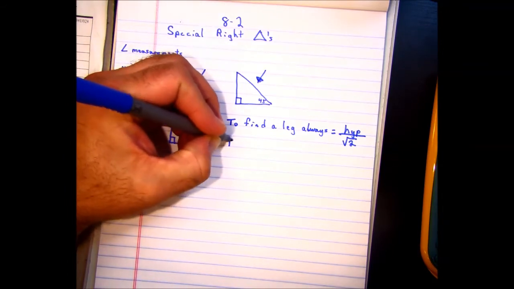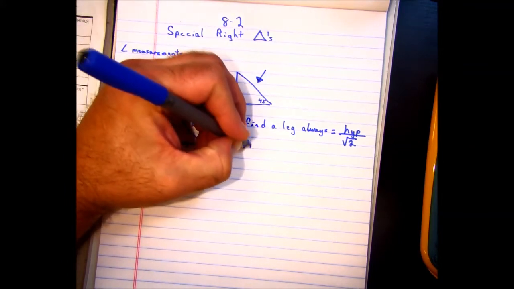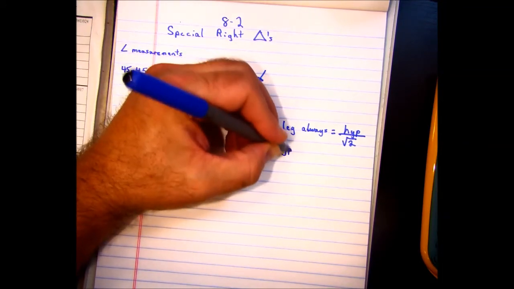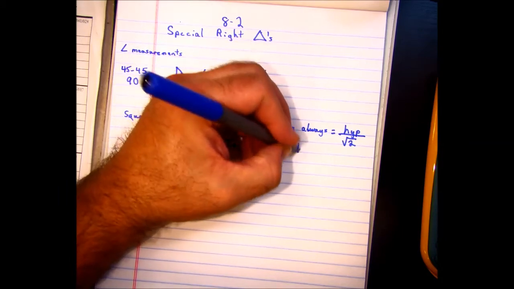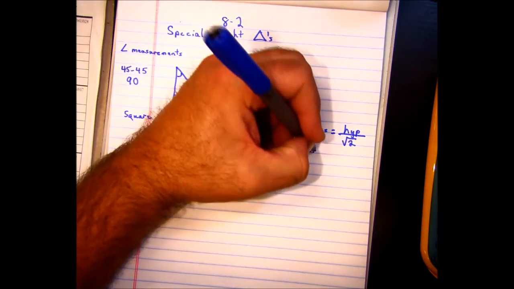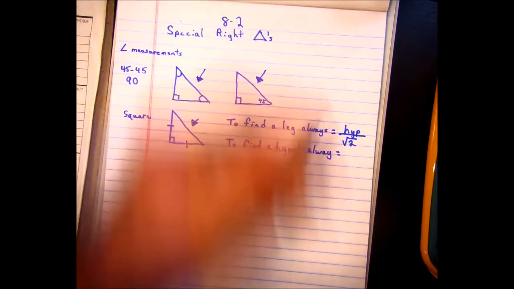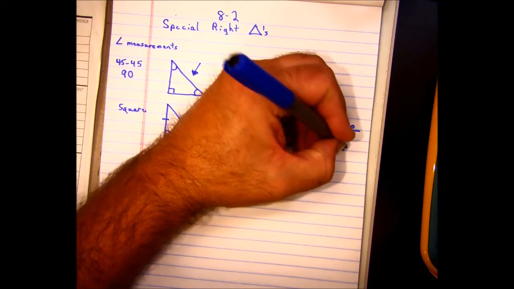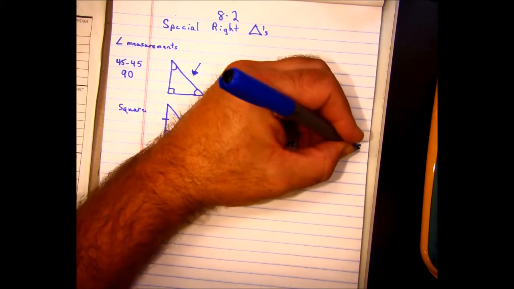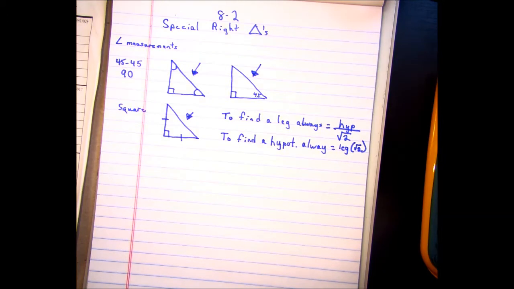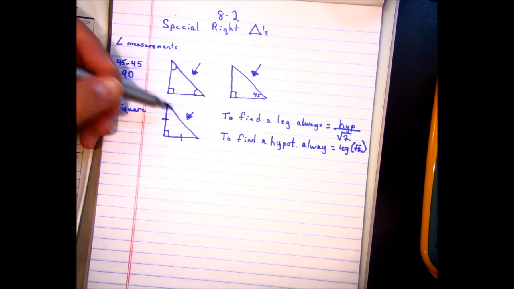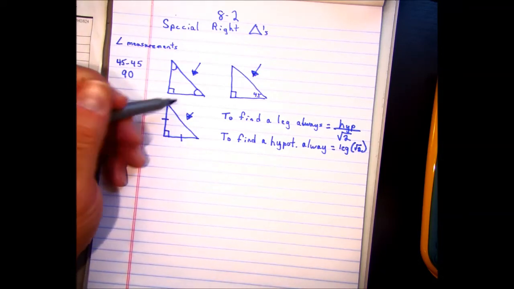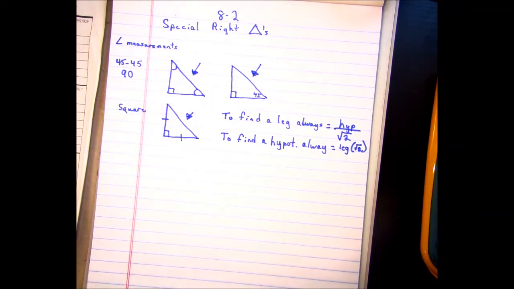And in a 45, 45, 90, to find a hypotenuse, always do the leg times the square root of 2. So if you need the hypotenuse, always multiply by the square root of 2. And if you need the leg, you always divide by the square root of 2. Okay. So you can remember that.